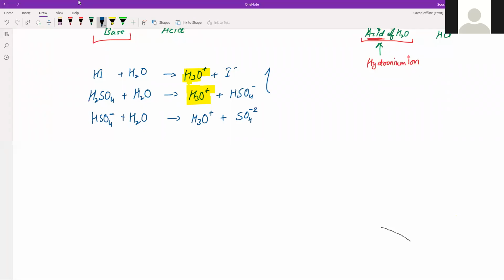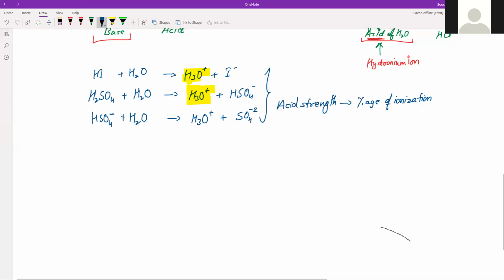So if I say on what factor acid strength will depend, it will depend on the percentage of ionization, not the concentration. So that is Arrhenius, and that is Bronsted acids and bases.